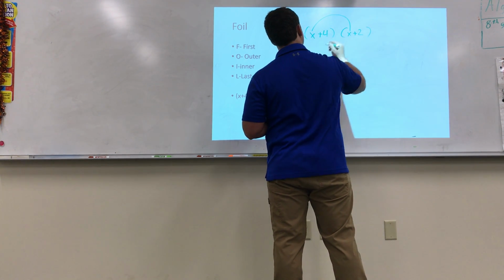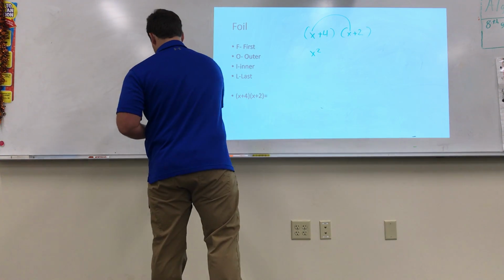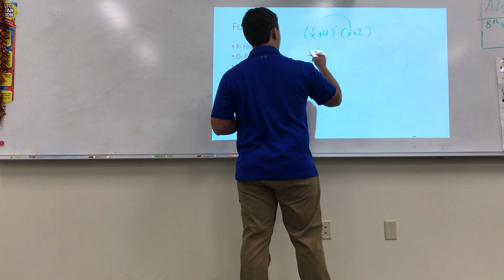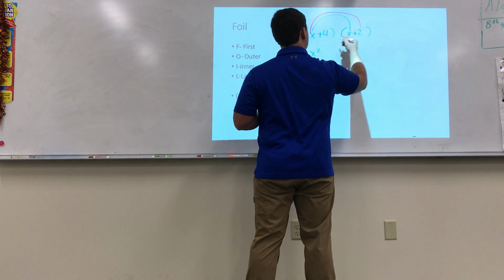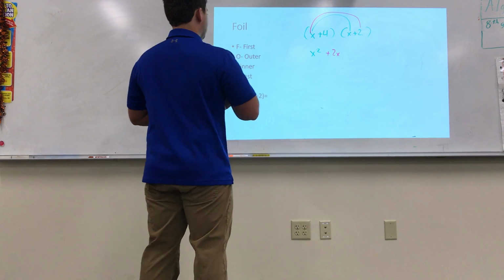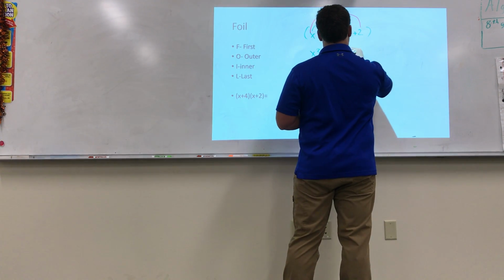First, you get x squared. Outer, plus 2x. Inner, plus 4x.